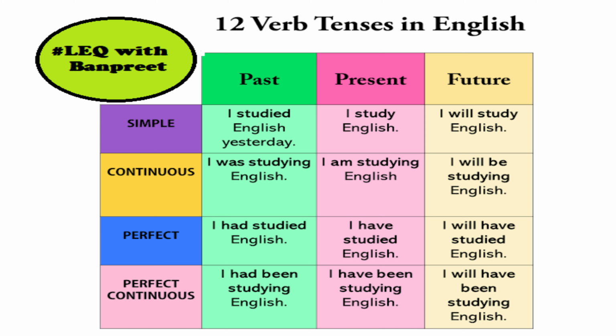And if it is present perfect continuous, then it's I have been studying. You have to use have been in present perfect continuous, and you have to use I had been if it is past perfect continuous. I hope you know the difference now. And for future perfect continuous, it is I will have been. You have to use the word will. I will have been studying English.